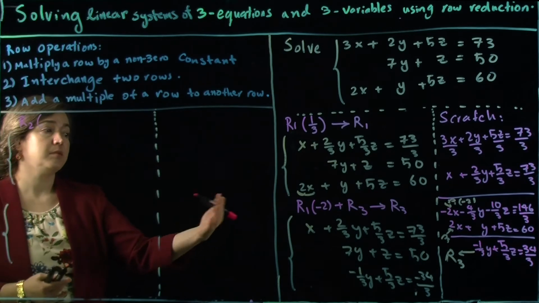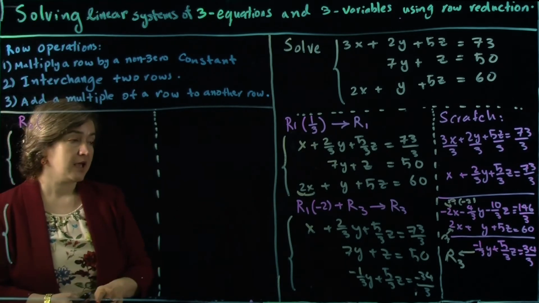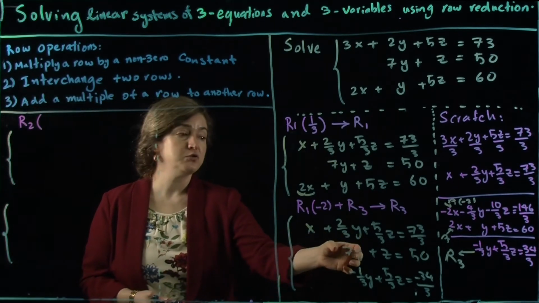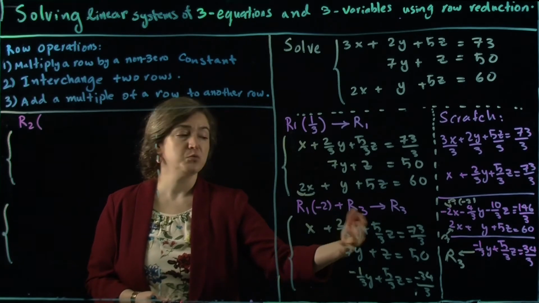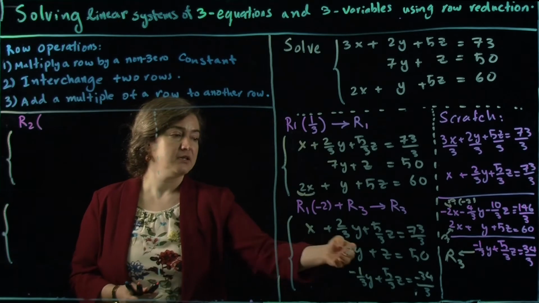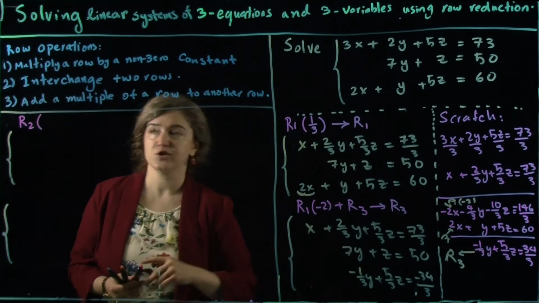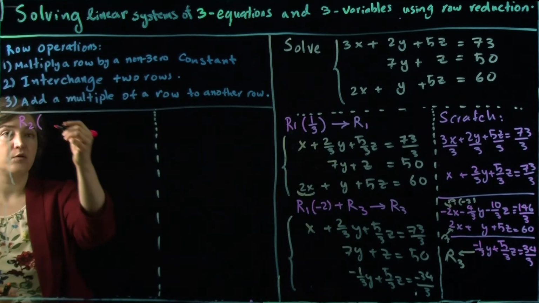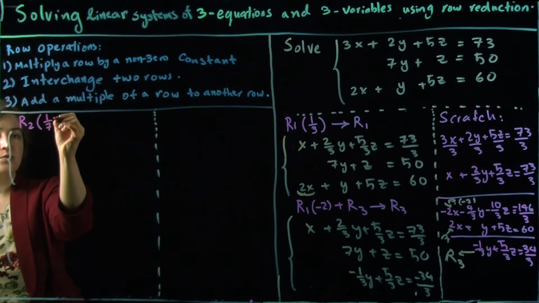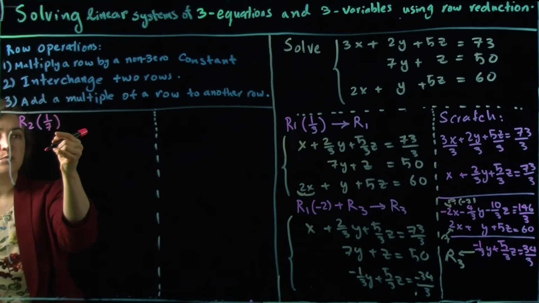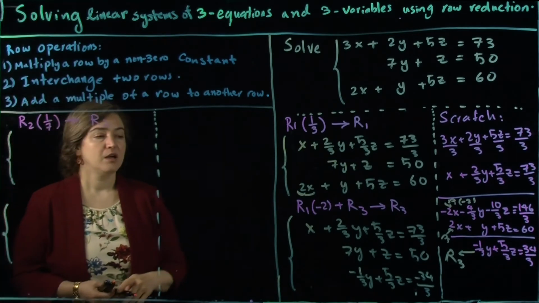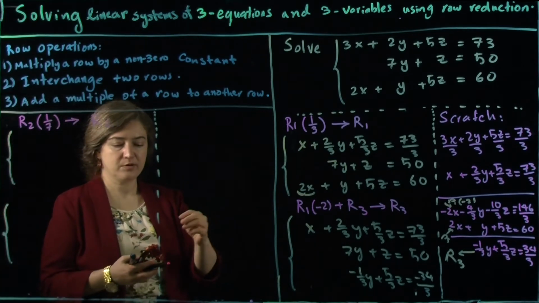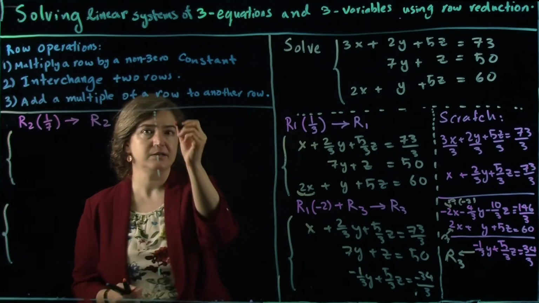Every time after elimination is done, to change the leading coefficient to 1, I just divide by the leading coefficient. So row 2 times 1/7 goes back to row 2. On a piece of scratch paper, this is what I write.